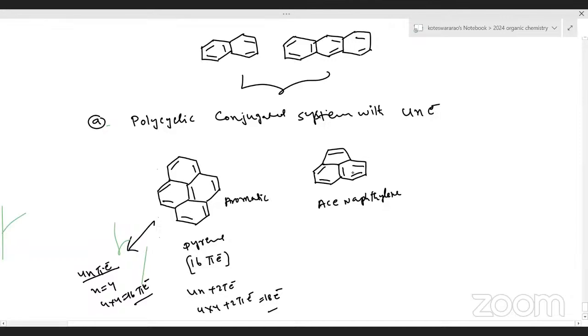It has 12 pi electrons, a 4n pi electron system.